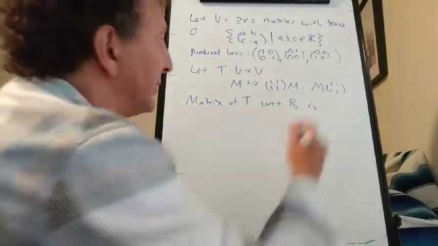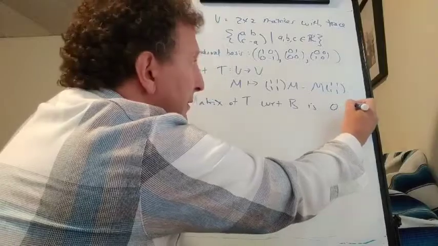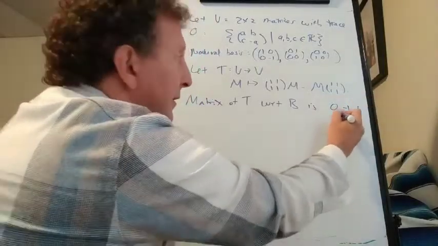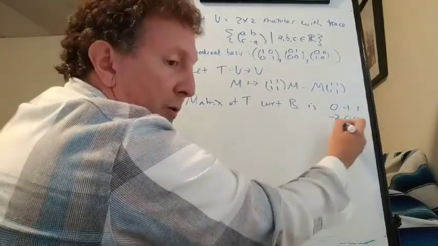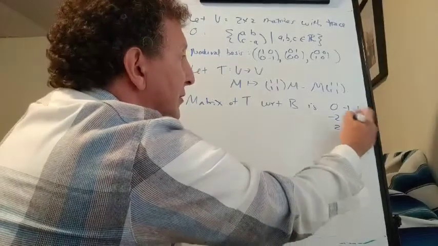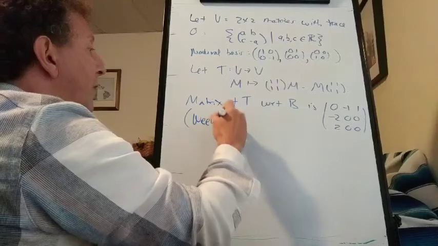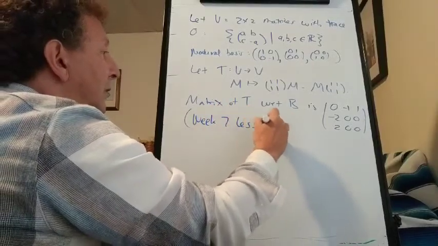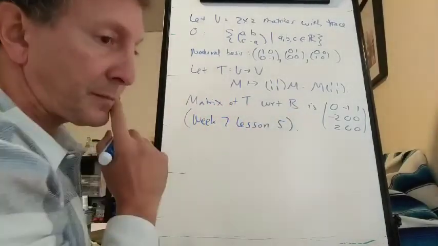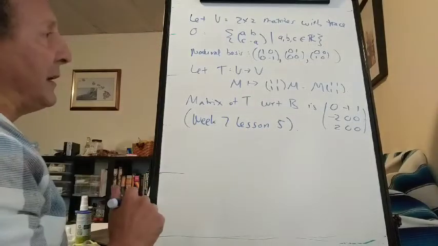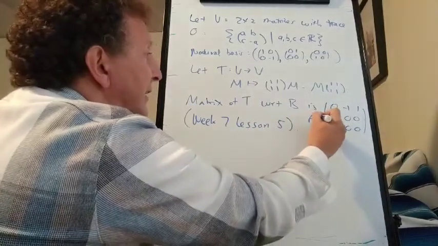We found that it was [0, -1, 1; -2, 0, 0; 2, 0, 0]. All right, let's call this matrix A.